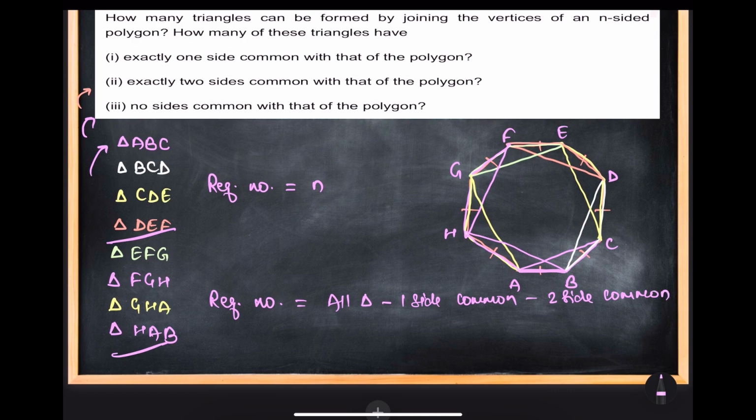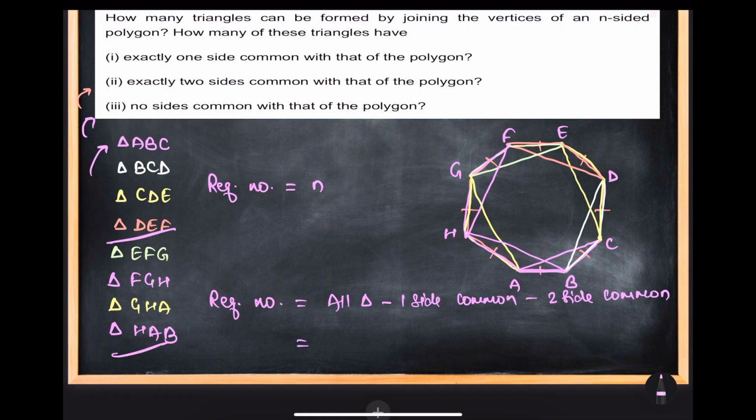From all triangles, either we will have one side common or two sides common, we cannot have three sides common, na? So we are subtracting the number of triangles that share one side common and two sides common.